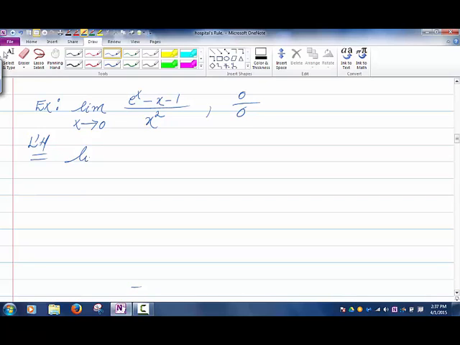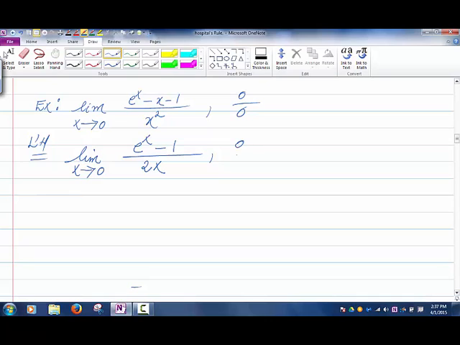And if I apply the L'Hopital's rule, I get the limit as x goes to 0 of e to the x, which is the derivative, minus 1, right? What's the derivative of x squared? 2x. Okay. So that's where I am now. And what's the limit form now?